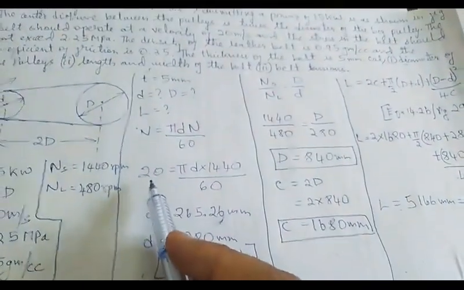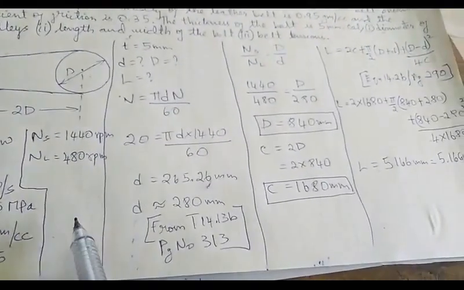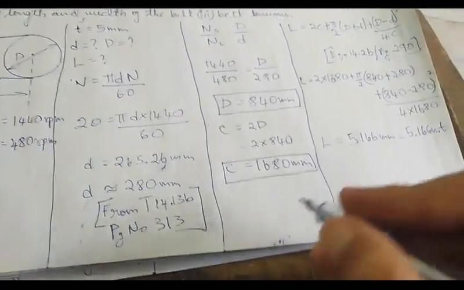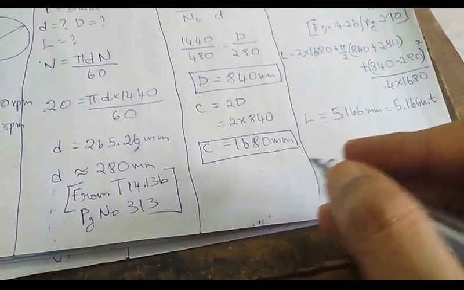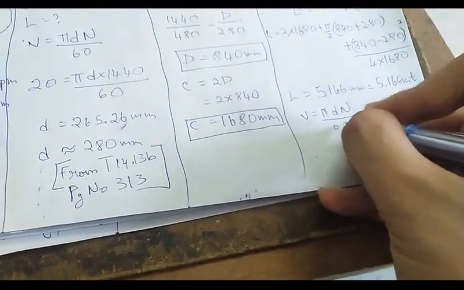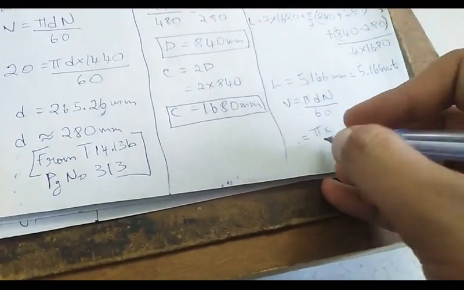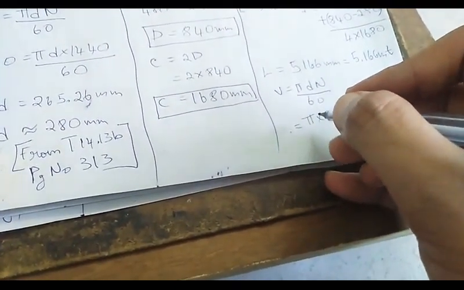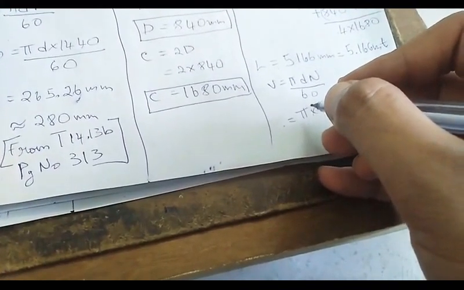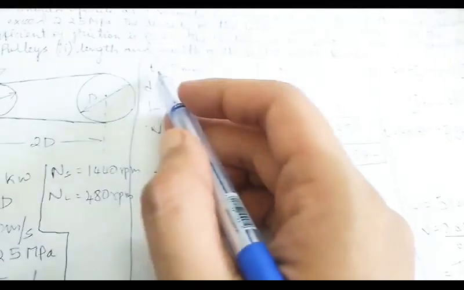Next we'll find the velocity, because by using velocity we have found out the diameter, but in the question they have given the thickness also. So we shall consider the thickness. V is equal to pi d N by 60. They have given thickness as 5 mm.